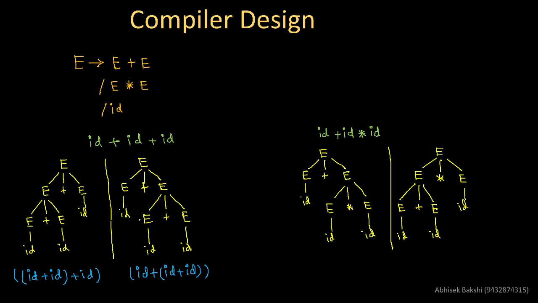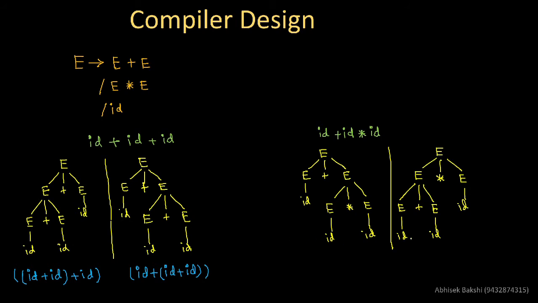According to the left side we can say that plus is left associative, but according to the right side plus is right associative. Now if you consider that plus is left associative in your grammar or in your language, then this particular right side parse tree is wrong.